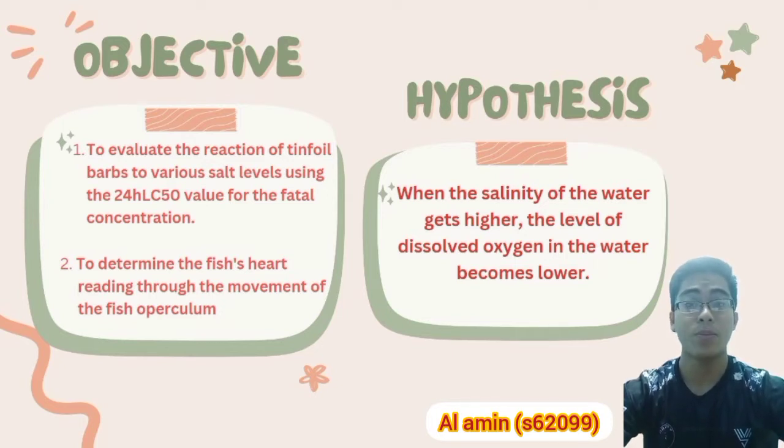This can be proven when experiments are conducted on changes in water salinity. So the sudden change will cause death to the fish. This is because when water salinity increases suddenly, the oxygen in the water will decrease, which will make it difficult for fish to breathe.